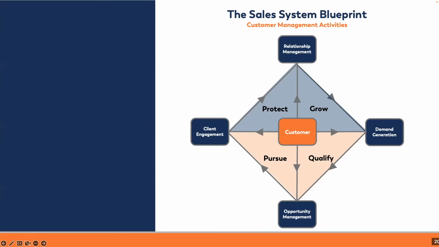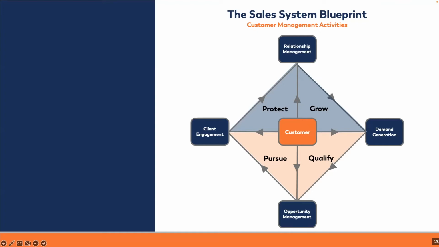So opportunity management is the pursuit. At the same time, we also need to engage with clients as well. And below the line, what we're constantly doing there is qualifying and pursuing. Qualifying the opportunity to make sure that when we're pursuing something, we have a higher probability of winning. And then we pursue, obviously, and many of the opportunities we pursue nowadays are complex, with multiple decision makers.